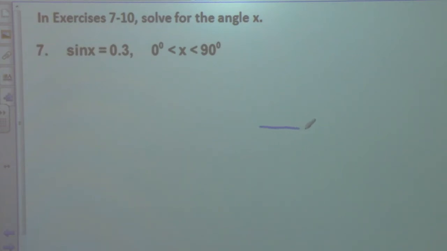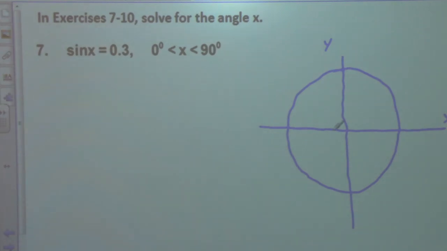What you have is, I'm going to just sketch an XY coordinate plane here, and here is a superimposed unit circle on that coordinate plane.